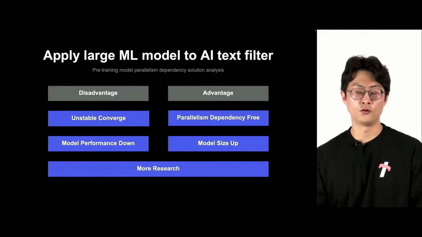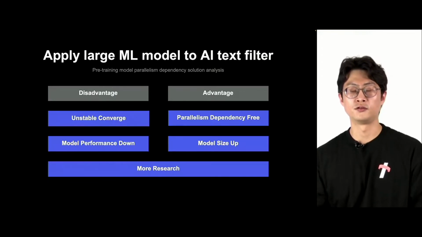But the benefit was, even if the public pre-training model code is not parallelized, you can do parallelism training at the fine-tuning stage. And so you can have the larger public pre-training models go through a learning process. There's a trade-off between the benefit and the disadvantage, so you need further research on this methodology.